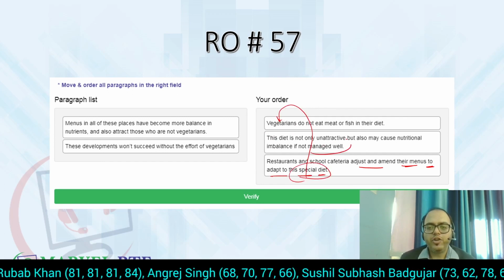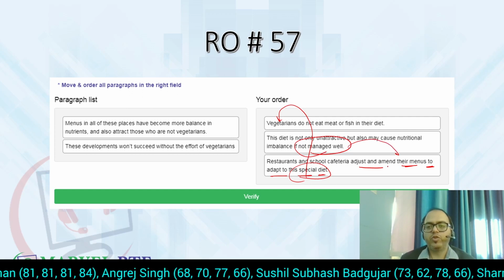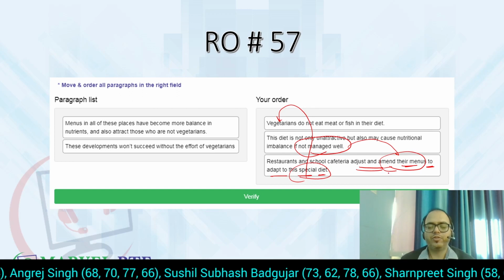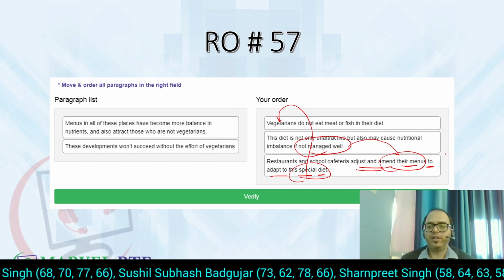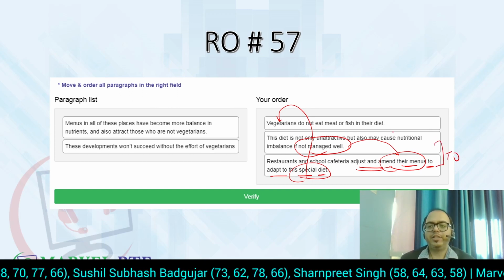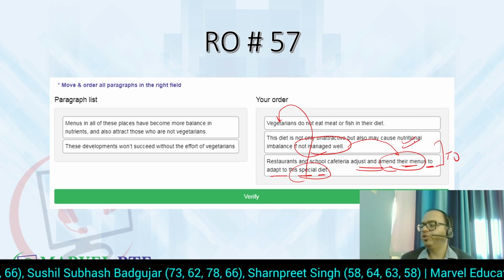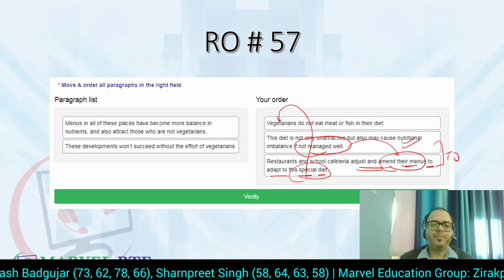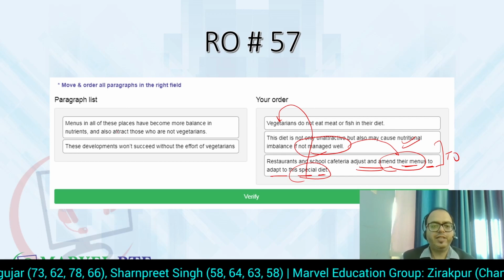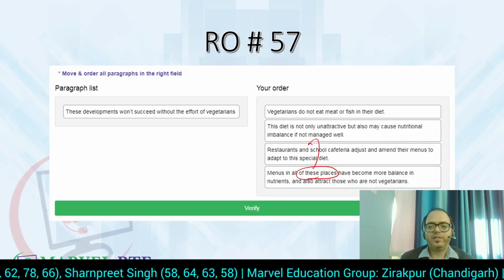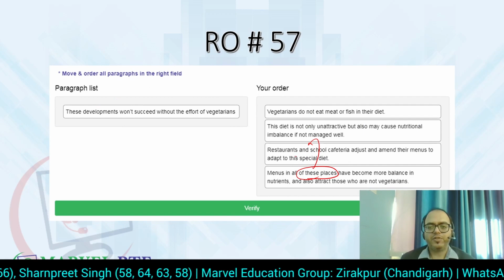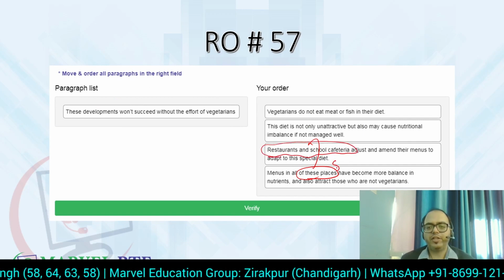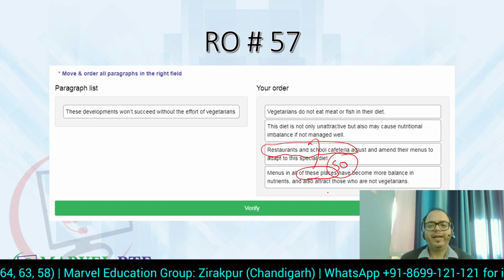Vegetarian diet. For it not to be managed poorly, they have to adjust and improve their menus. So this is our now TO strategy. First you talked about the diet, then you introduced a new topic which was about restaurants and school cafeteria. Now it is very clear, two lines are left. These places, again this is our SO strategy, because which places are being talked about here? Restaurants and school cafeteria. So this is again our SO strategy.